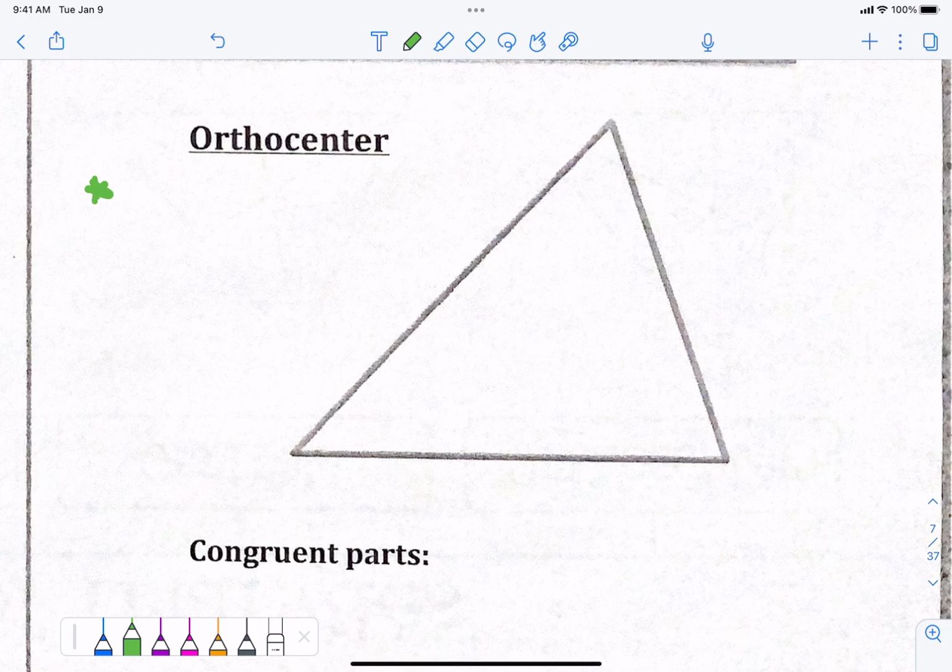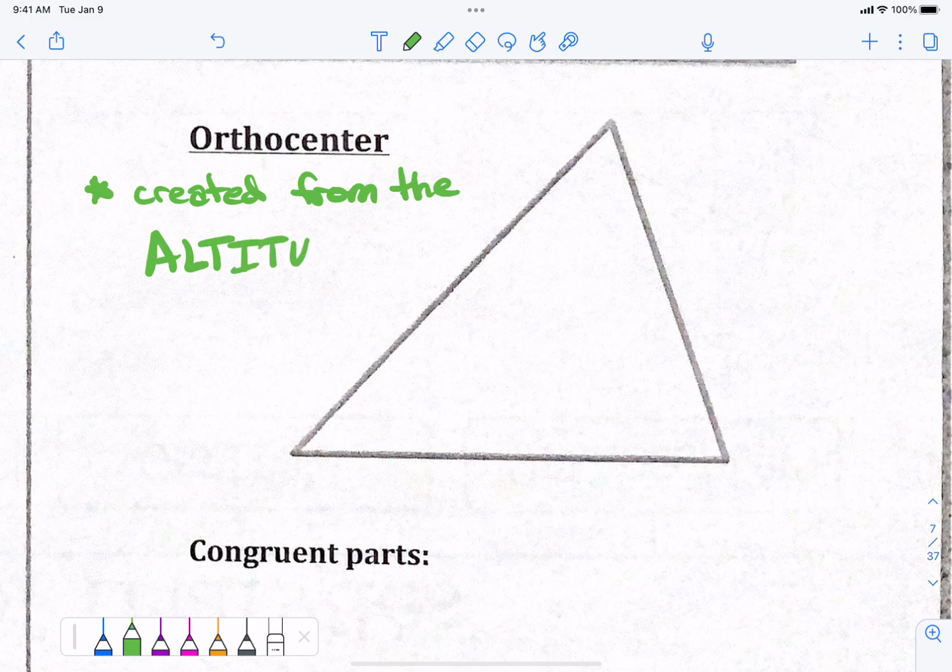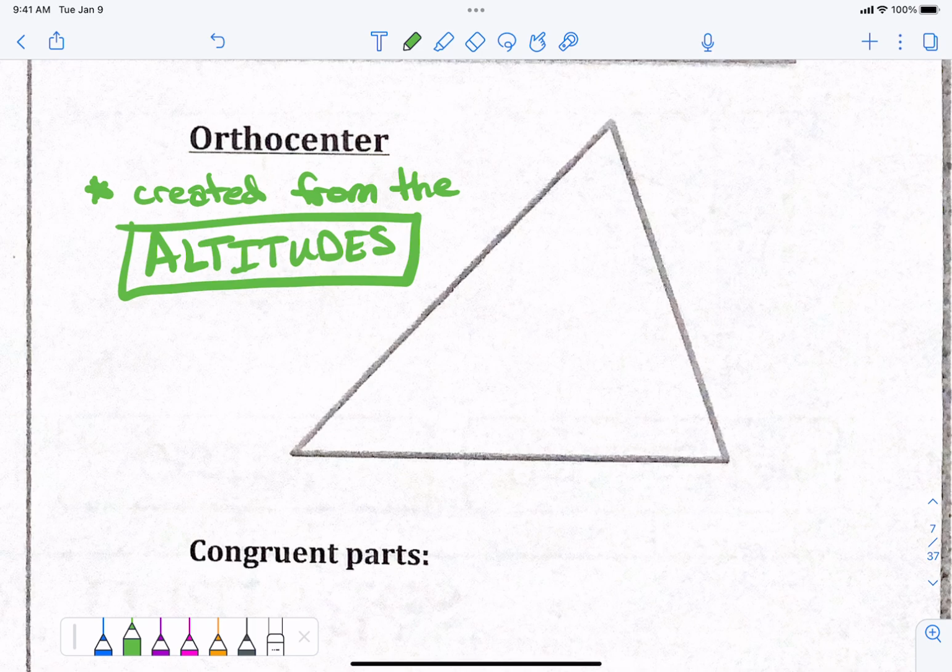And this one is created from the altitudes. You've heard that word before when it comes to airplanes, probably. So I'm going to do A, B, and C, just like we've been doing.